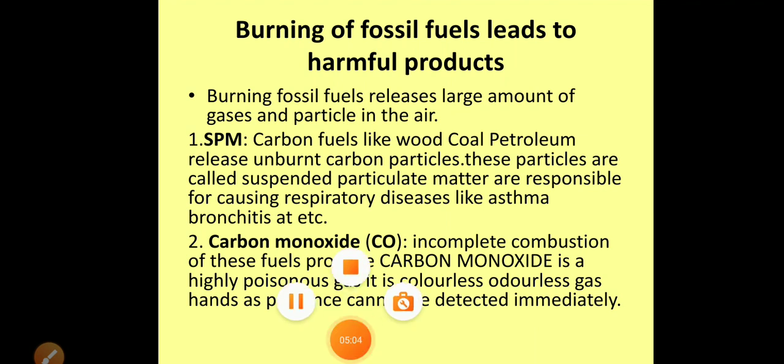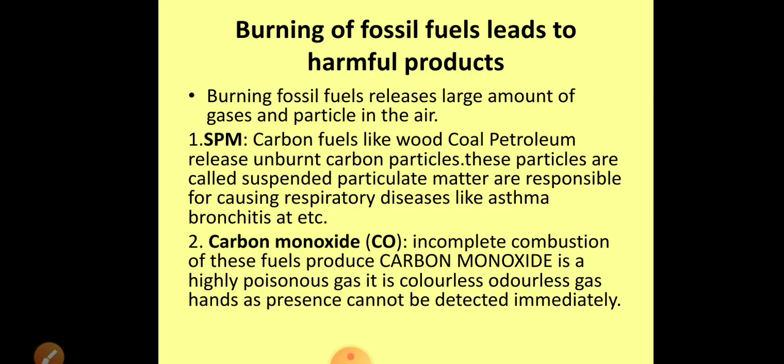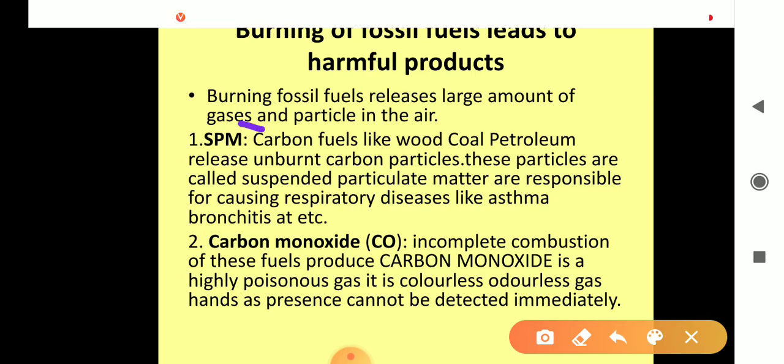Now next, burning of fossil fuels leads to harmful products. Yes, burning of fossil fuels releases a large amount of gases and particles in the air. Then see number one, SPM. SPM full form is suspended particulate matter.